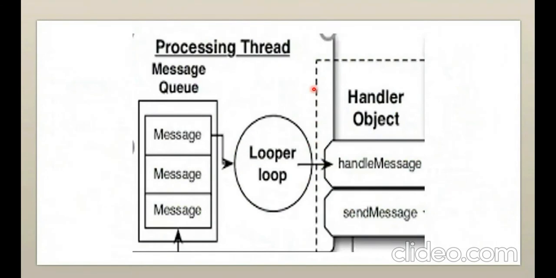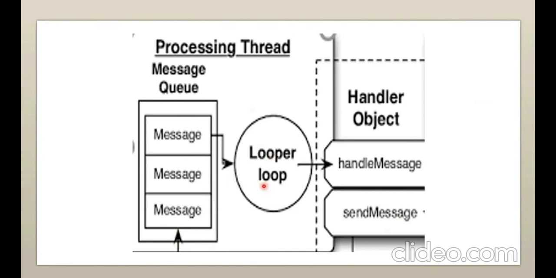Before moving on to the actual topic, I want to give a brief introduction on what a message queue, handler and looper are. Every main thread comprises these three components. Message queue is a queue data structure where all the messages are queued. Handler has two responsibilities: the handle message function executes any message given from the message queue, and send message sends a message to the message queue, to be executed at a later point of time.